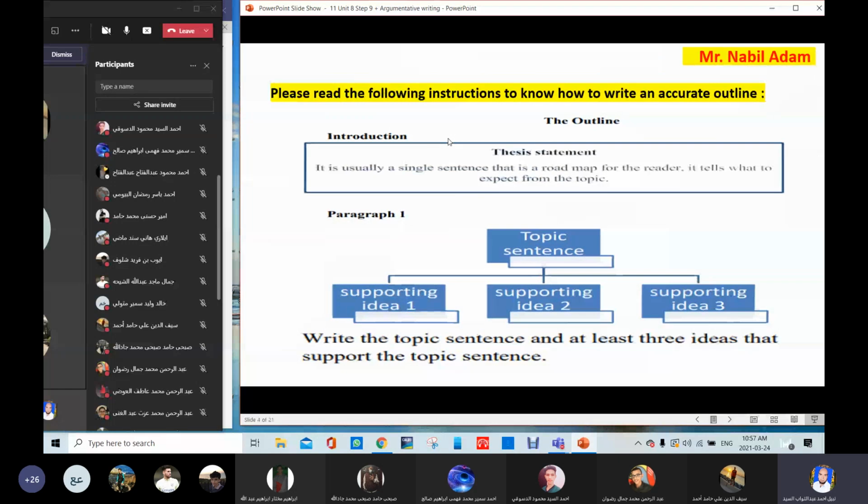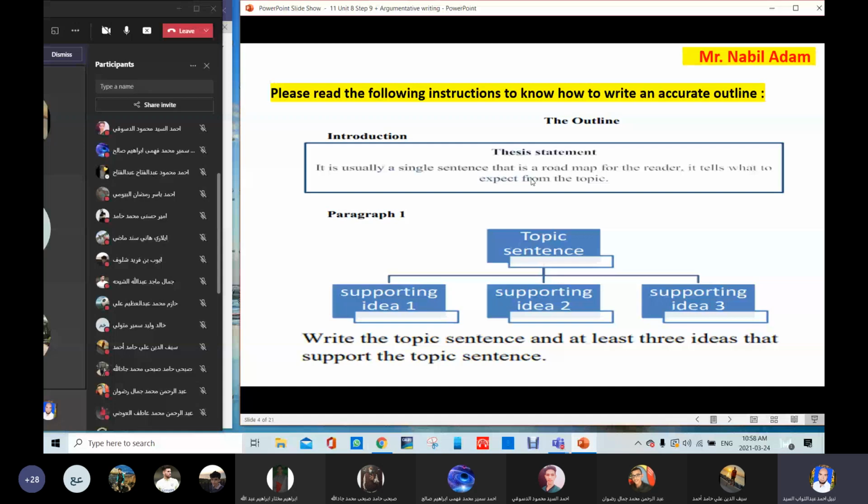So when you write a report or an essay, you should follow the instructions by writing an outline. The outline should include these points: the introduction, paragraph 1, paragraph 2, and then the conclusion. Introduction. The thesis statement is usually a single sentence, a road map for the reader.